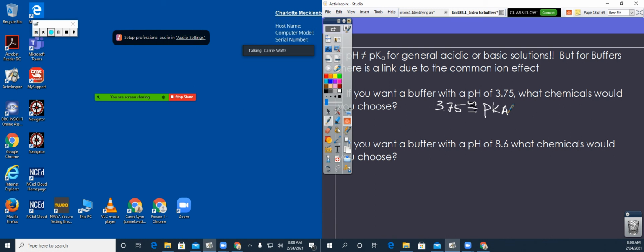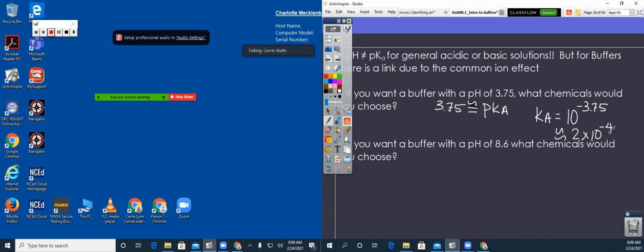And then I solved for my Ka. I basically said, well, Ka then will be 10 to the negative 3.75, which I rounded to about 2 times 10 to the negative 4. So that's the Ka.